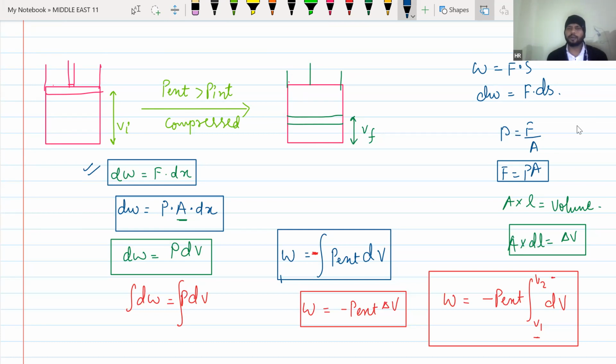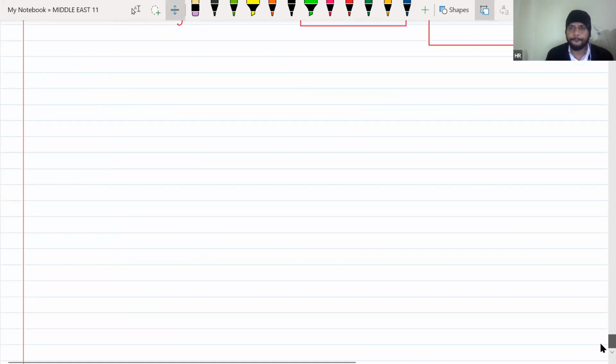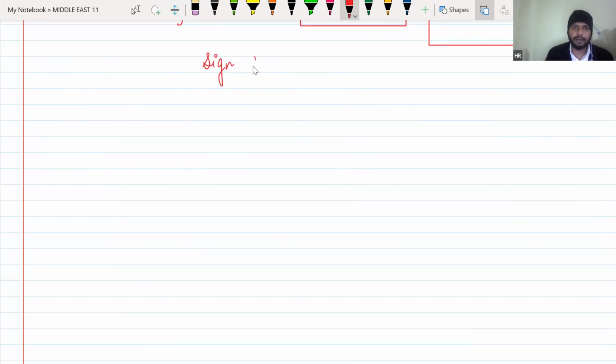Now we will go for sign convention. Why minus is important and what does it say? Basically, this is very important. You can see it is sign convention of work.